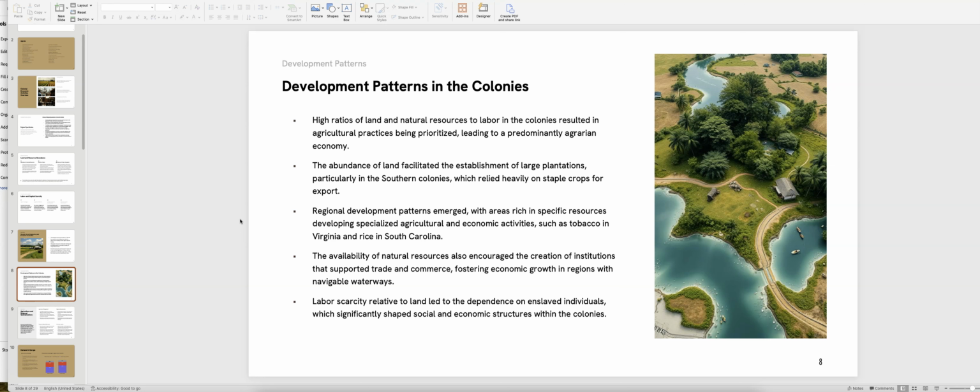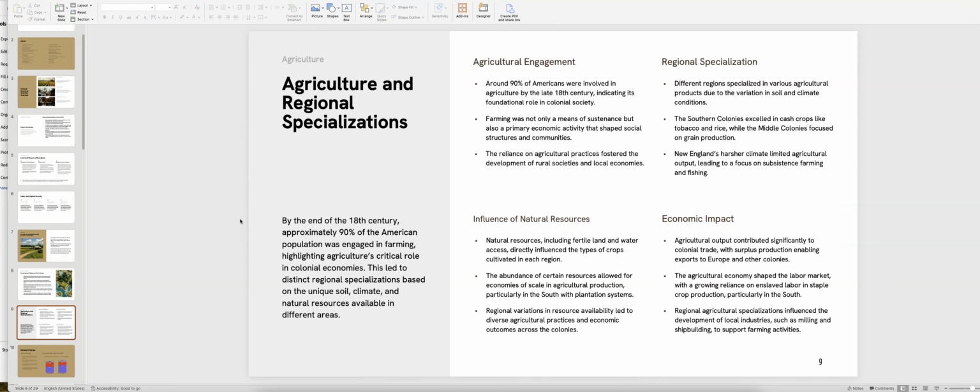For the most part, most everybody in the colonies is engaged in farming. The textbook, and as we have here in the slides, says about 90%.